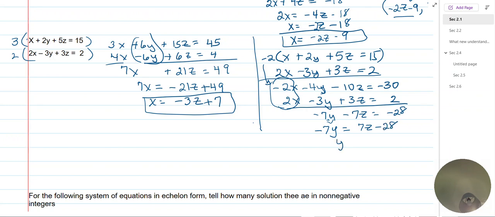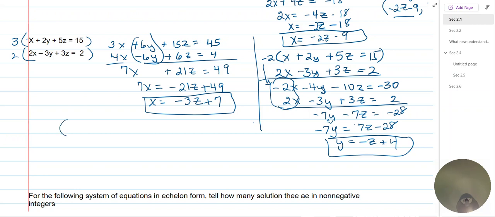I'm going to divide by negative 7: negative z plus 28. Let's see what I did. Oh, that's a 4. Sorry about that. I knew something looked different. So that's going to be a positive 4. So now I have the y.